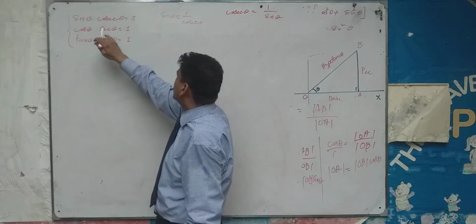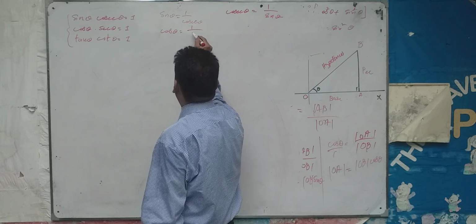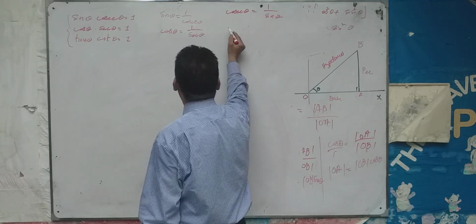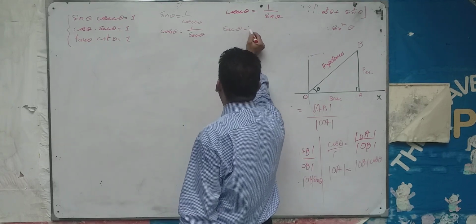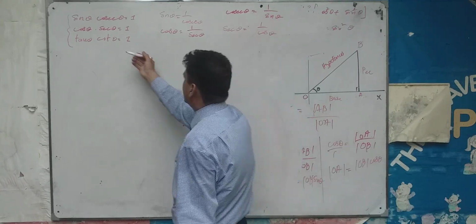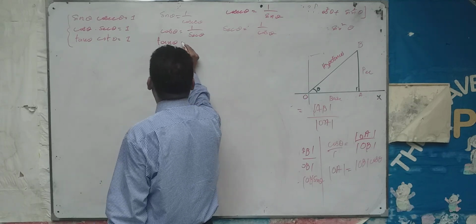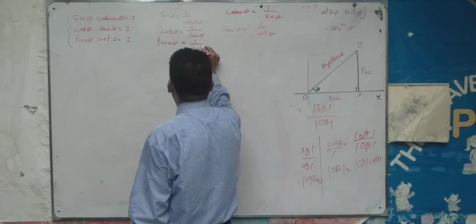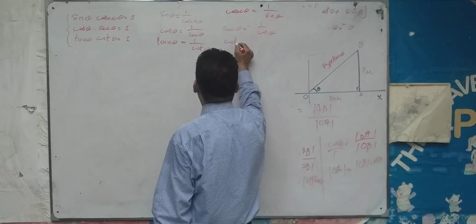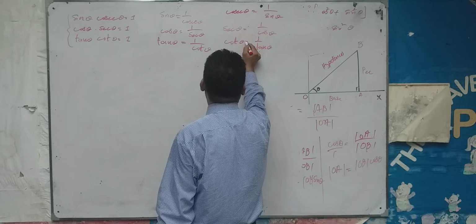Similarly, cos theta is equal to 1 by secant theta, and secant theta is equal to 1 by cos theta. From here we write tan theta is equal to 1 by cot theta, and cot theta is equal to 1 by tan theta.